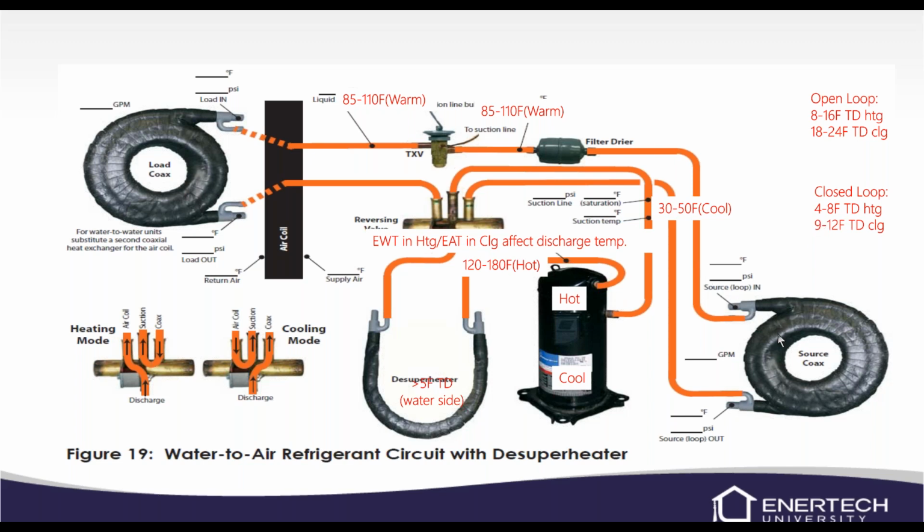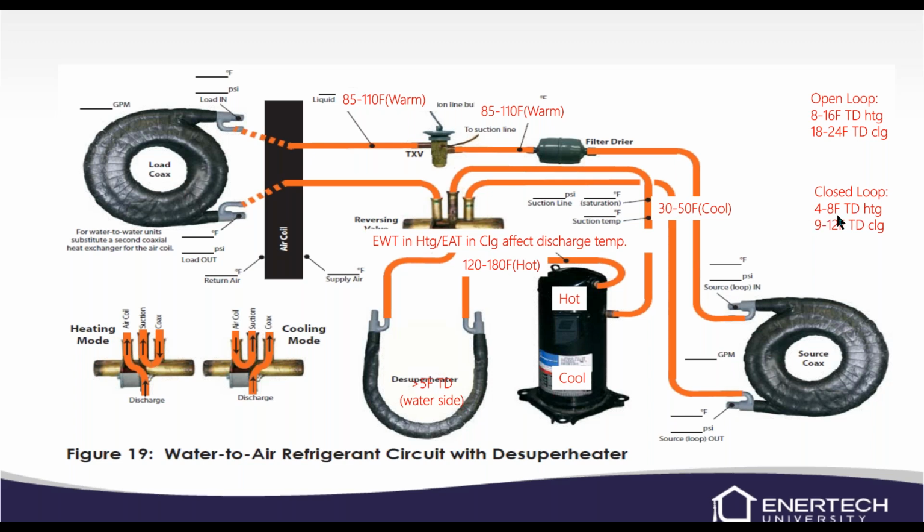On your water lines, on an open loop, where we're moving less flow, you're going to have 8 to 16 degree temperature difference on the water in heating, and you could have 18 to 24 in cooling. And on a closed loop, you can normally cut that in half because we're moving twice the amount of flow.